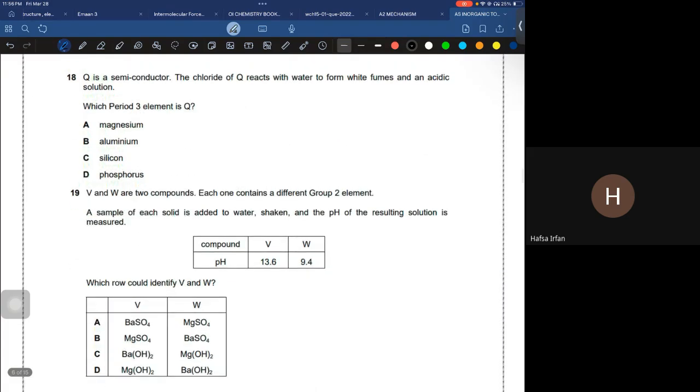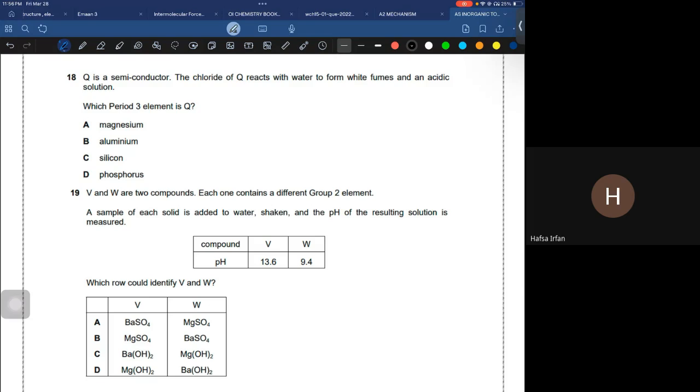Chalo, question number 18. Check question number 18. Then I'm telling you how to do this question.